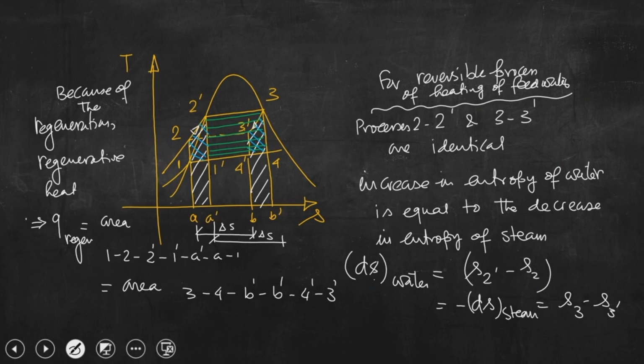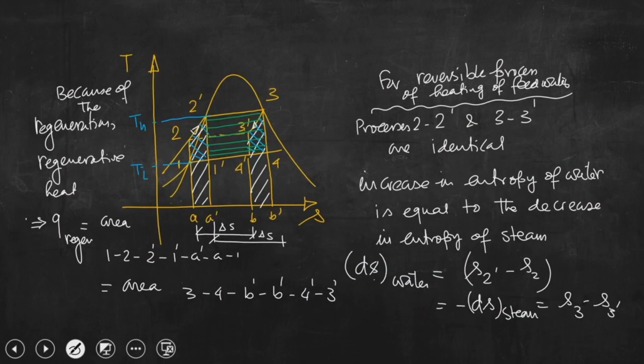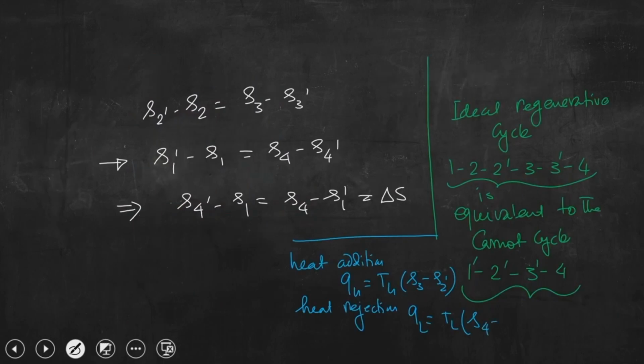So, this is TH and this is TL, and similarly heat rejection QL equal to TL into S4 minus S1', right.